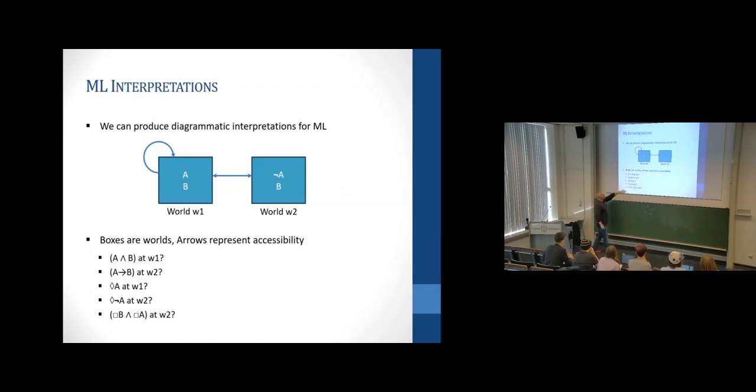So, if the conjunction is going to be true at world 2, that means both conjuncts have to be true at world 2. Is box B true at world 2? We've already assessed that box A is. Is box B also true? Yeah. Cool. So, is our conjunction true? It's true at 2. Nice.